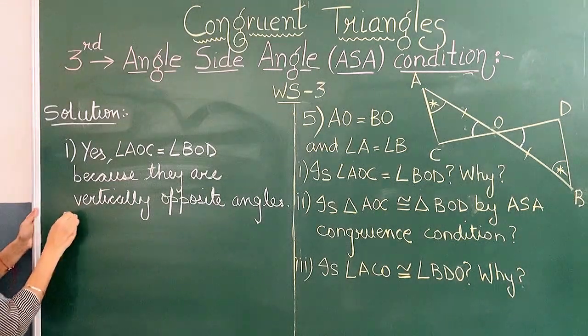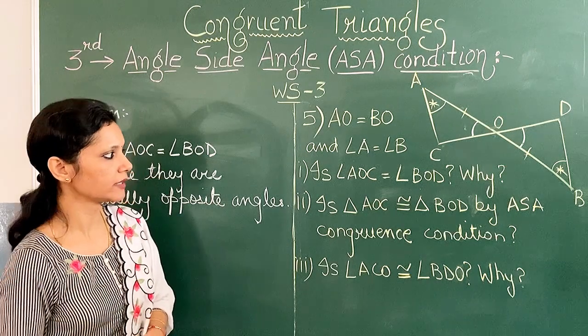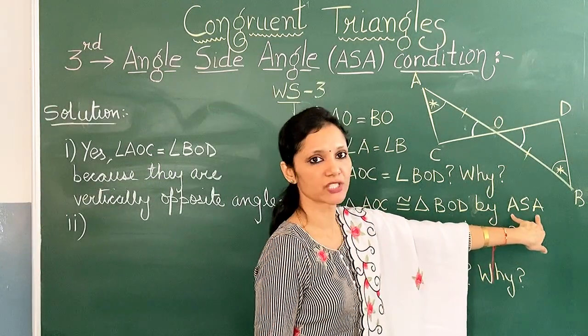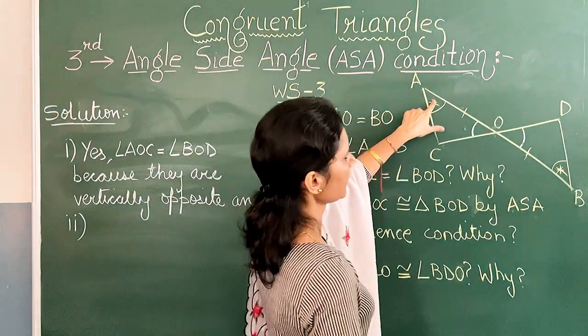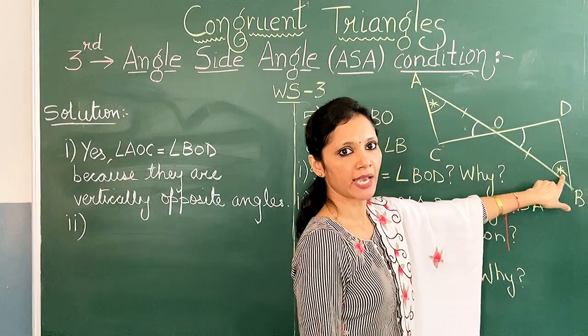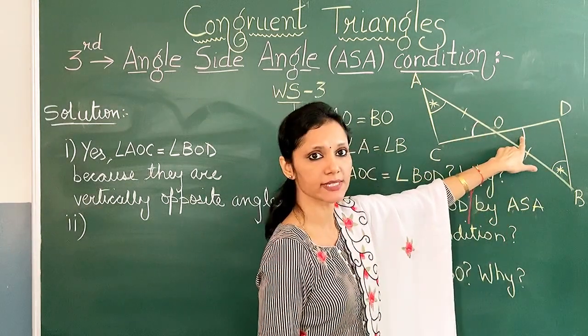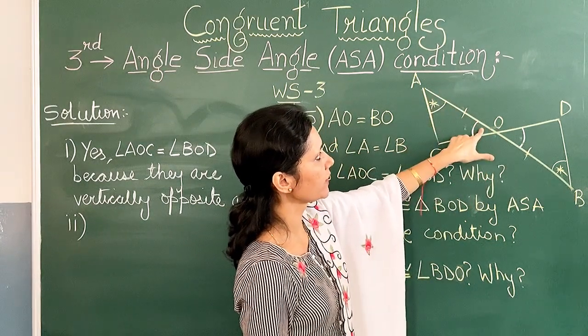Coming to the second part, is triangle AOC congruent to triangle BOD by ASA condition? So we will have to check the three matching pairs, two angles and the included side. So see, this angle is equal to this angle. And again we just proved in the first part that this angle is also equal to this angle. And what about the included side? Included side means the side between these two angles.